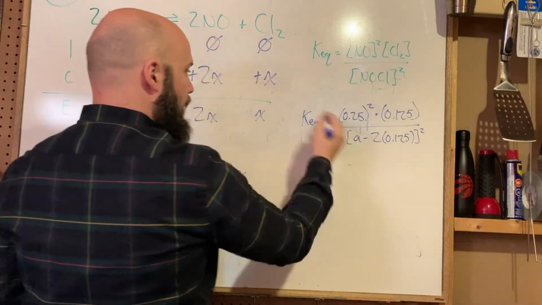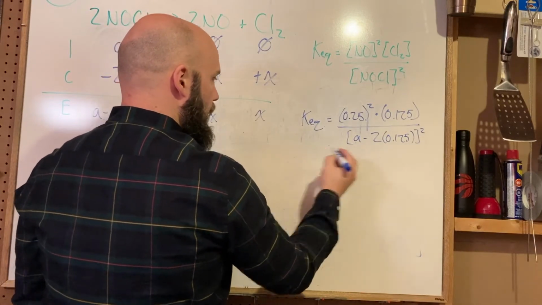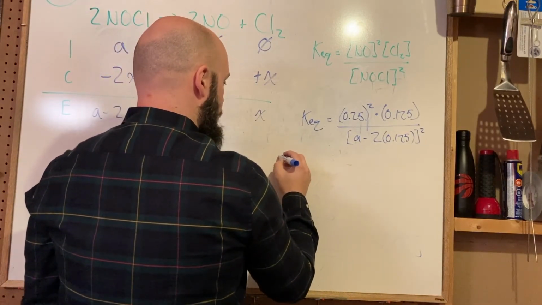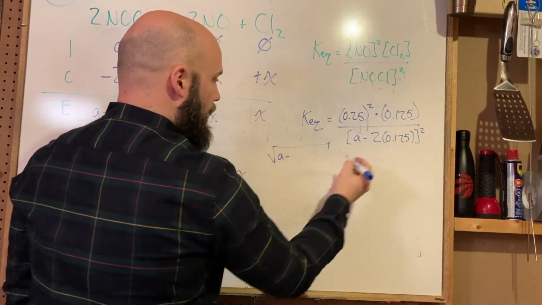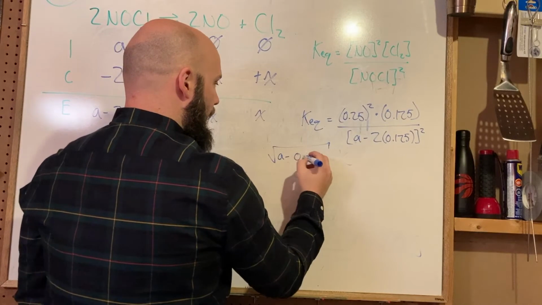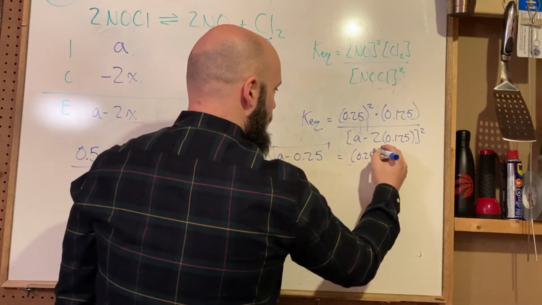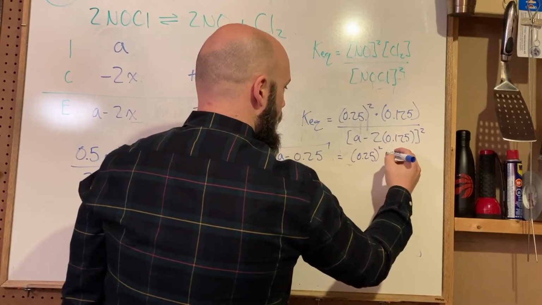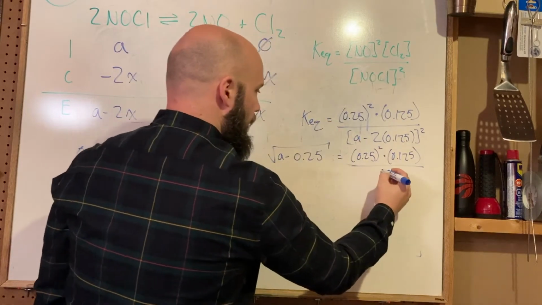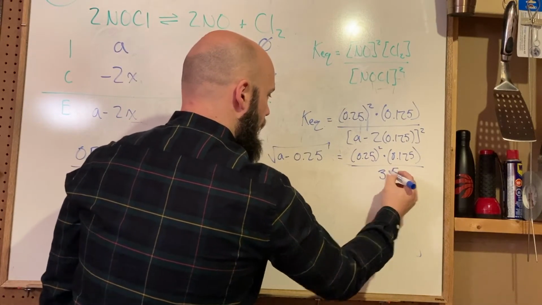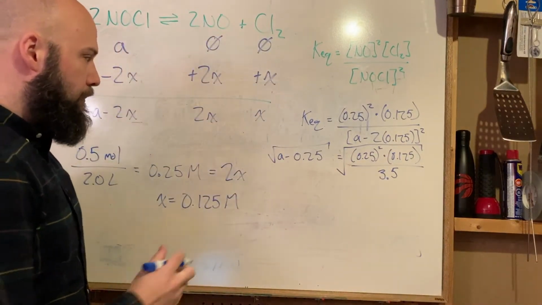So we can rearrange this equation and take the square root, so let's write it as the square root of A minus 2 times 0.125 is 0.25, and that's 0.25 squared times 0.125 divided by the KEQ, which was 3.5, and take the square root of one side, you need to take the square root of the other.